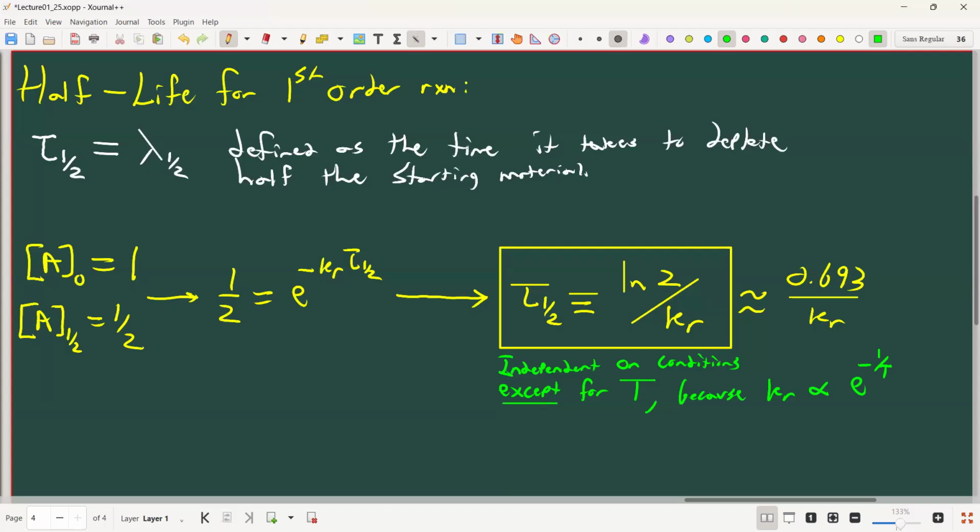Maybe that makes a little bit of sense: if the reaction depends on two bodies coming together, the half-life should probably depend on the number of targets one molecule has to hit. But it's nice to know that first order reactions are basically concentration independent.